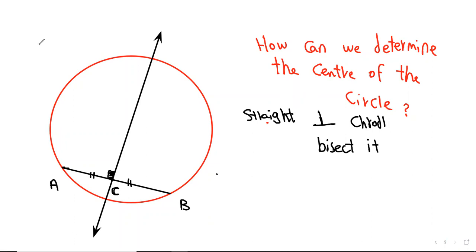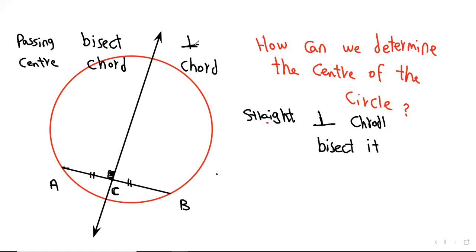And we have studied the first rule: if we have a straight line passing through the center and bisecting any chord, it is going to be perpendicular to this chord.